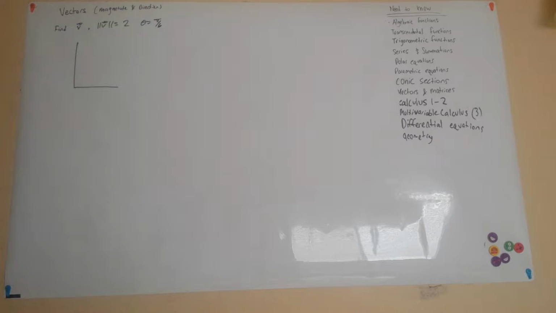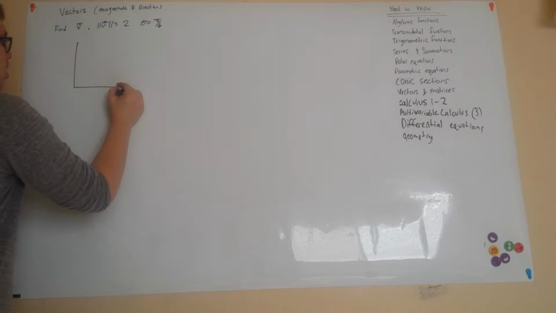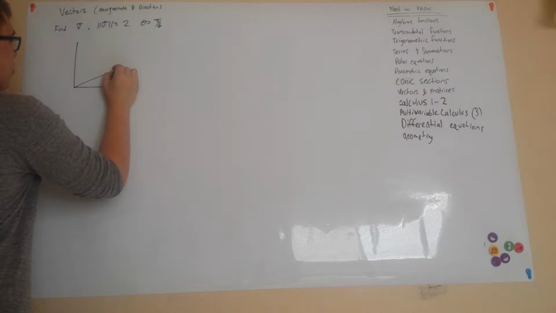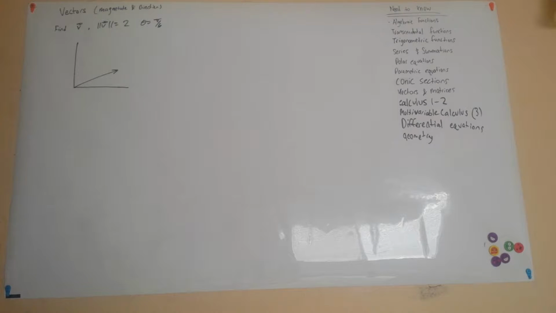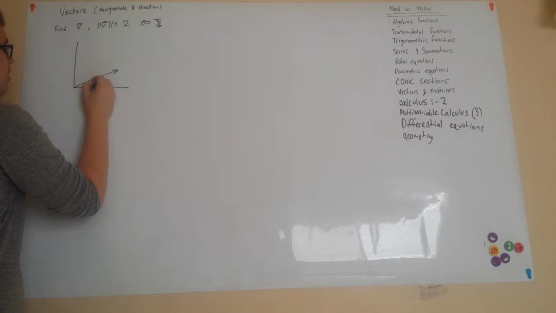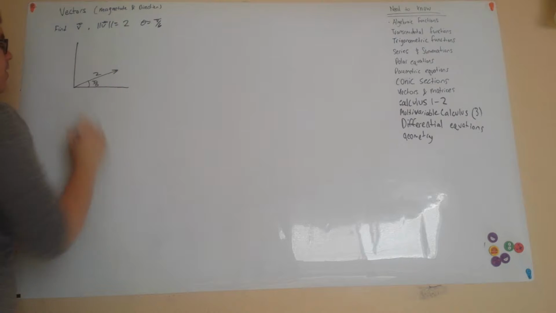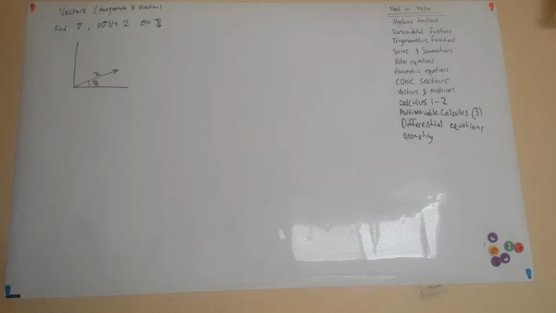What is my theta? It's pi over 6. That looks like that approximately. So we know that's pi over 6, and the length there is 2. How do we find the vector?